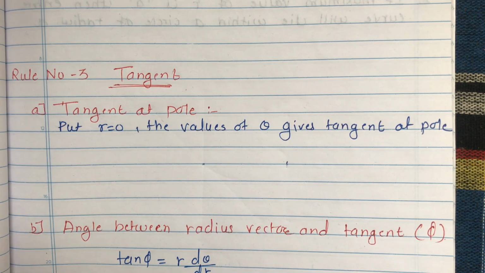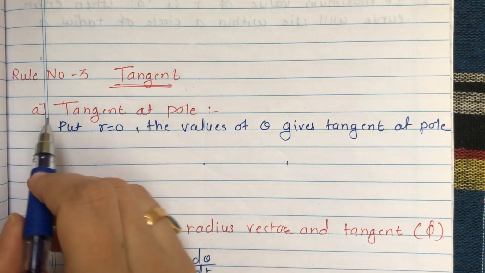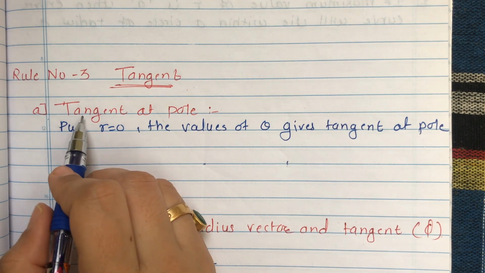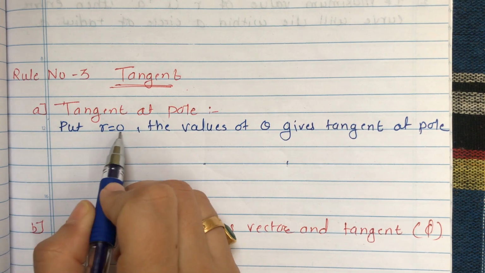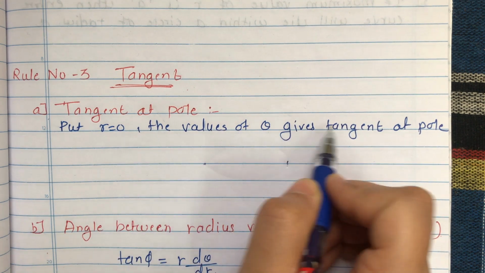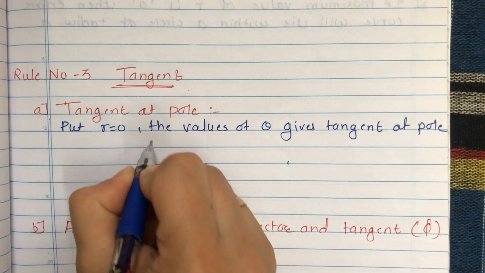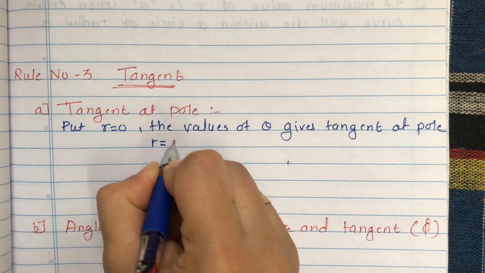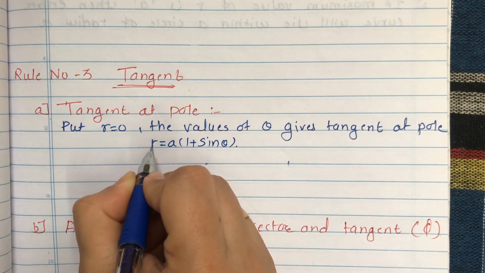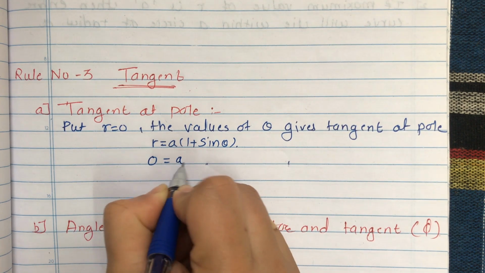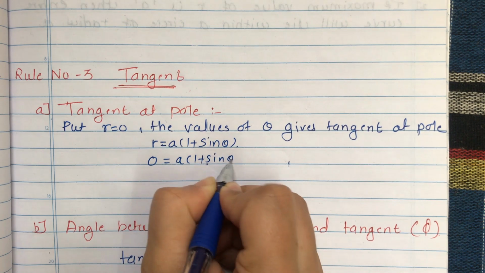Next, rule number 3, which is tangent. First we'll find tangent at pole. So the condition or formula is: put r is equal to 0, the values of theta give tangent at pole. So r is equal to a(1 plus sine theta). Put r is equal to 0, so 0 is equal to a(1 plus sine theta).